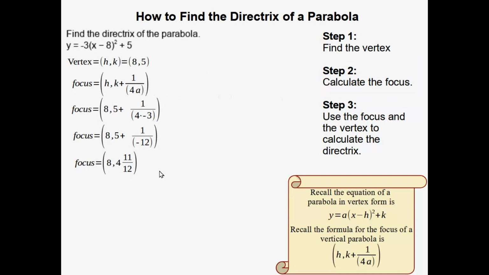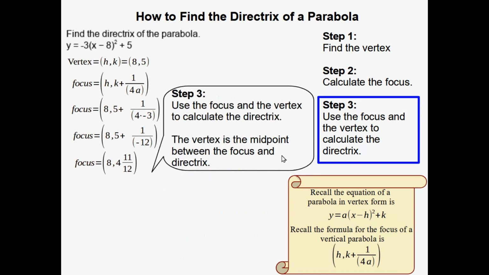Finally, we can find the directrix. So remember, the vertex, like I said before, is actually the midpoint between the focus and the directrix. So we can simply use the midpoint formula to find the directrix here. That's why I said midpoint slash vertex.